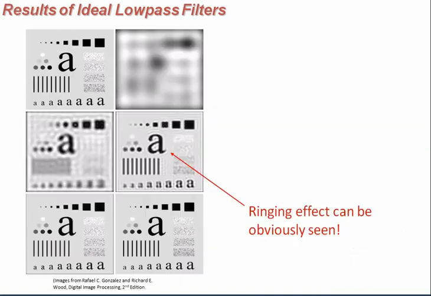Now these are the results of the ideal low pass filter. This is the input image. If I apply this image to the ideal low pass filter, then we get the output image in the spatial domain.